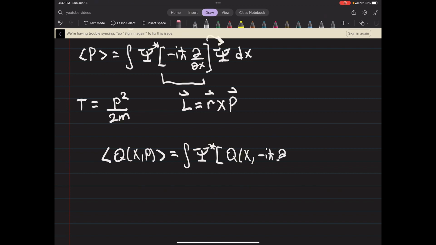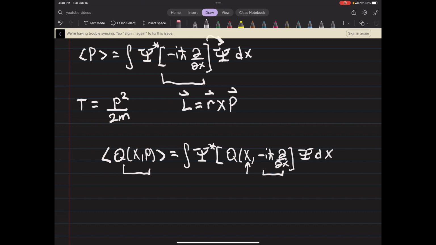And I'll explain what this means, because it's a little weird, but I think it makes sense. Basically, all that this is saying is if you have some dynamical quantity in terms of the position and momentum, all that you're doing is replacing your position with x, which is not a big deal, and your momentum with minus i h bar d by dx.